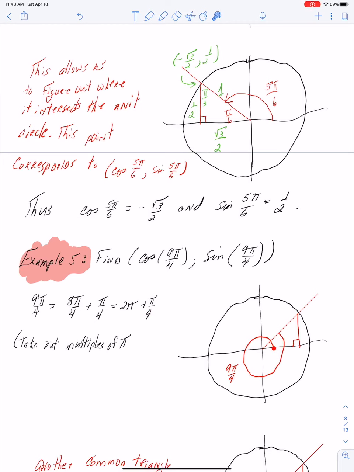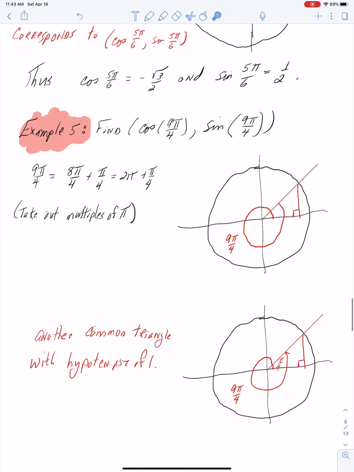So I start here, I walk 2 pi, and then I walk another pi over 4. Okay? So my hint to you is, take out multiples of pi to figure out where you are in the unit circle.